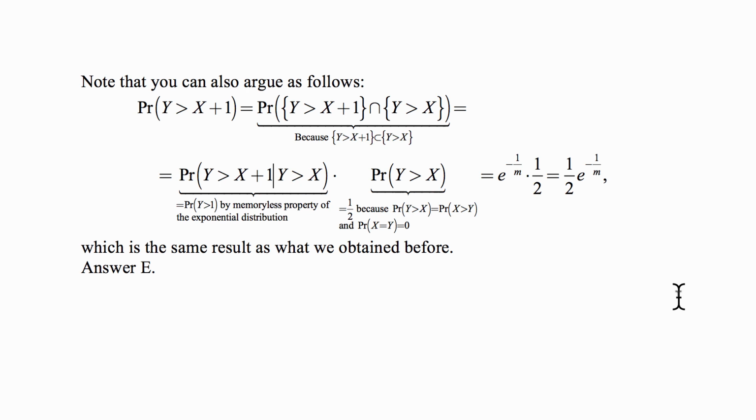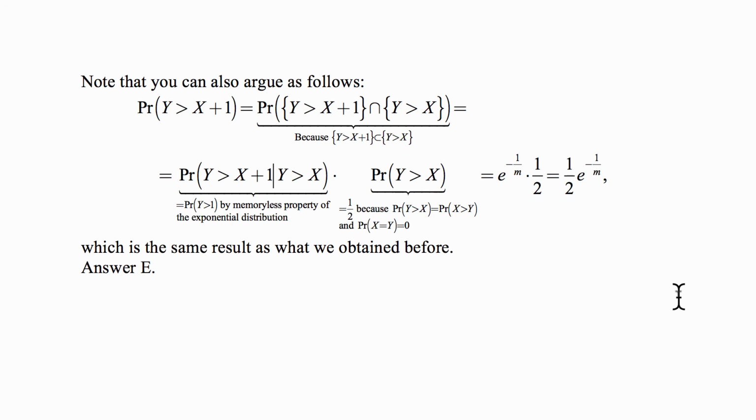And the probability that y is more than x has to be the same as the probability that x is more than y, because they have the same probability distribution and they're independent. If you take the probability of y more than x plus the probability that x is more than y plus the probability that x is equal to y, you must get 1, because these are all possibilities. But the probability that x is equal to y is 0, because that happens along a line, and the probability of hitting a line for a continuous distribution is 0.